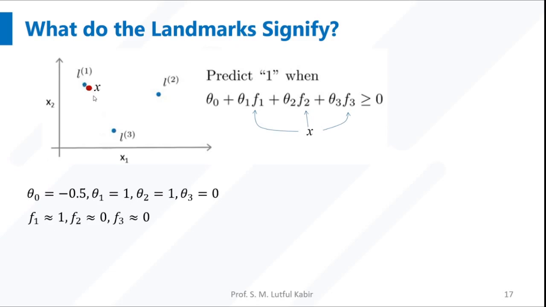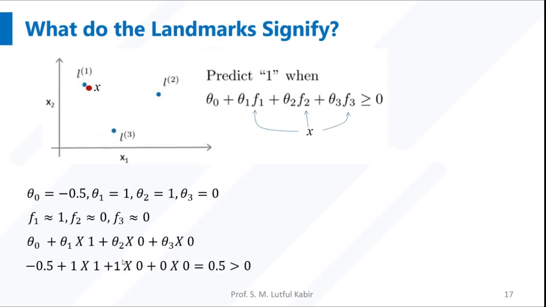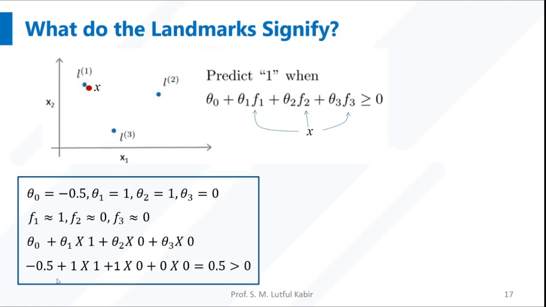Since this is close, the value will be 1 as we have discussed earlier. f2 will be 0 because L2 is far away from x. f3 will also be 0 because L3 is far away from x. So if we compute this expression, it comes out to be 0.5, which is greater than 0. So with this calculation, we can say this is a prediction of y equal to 1.